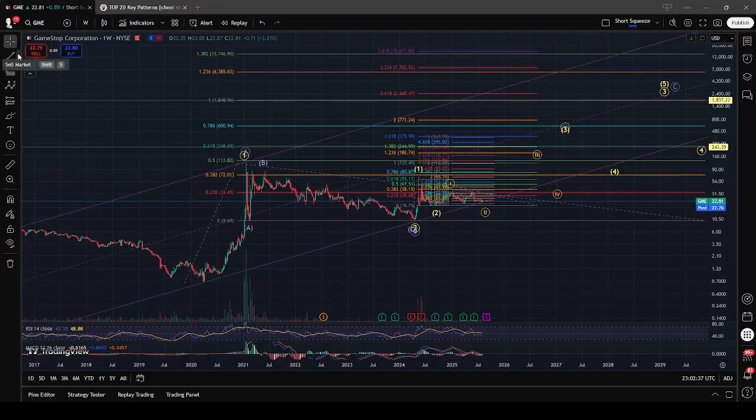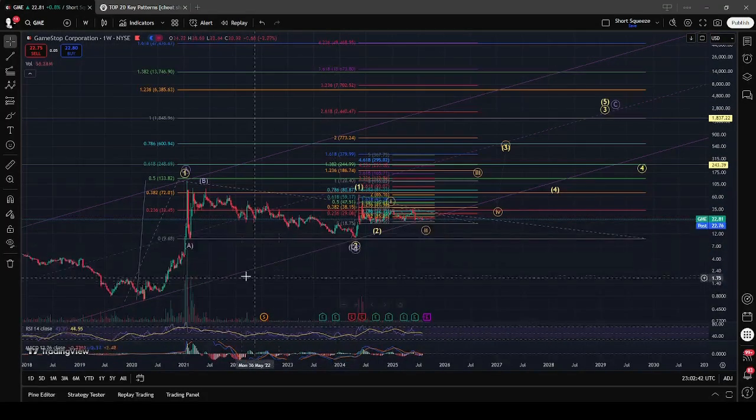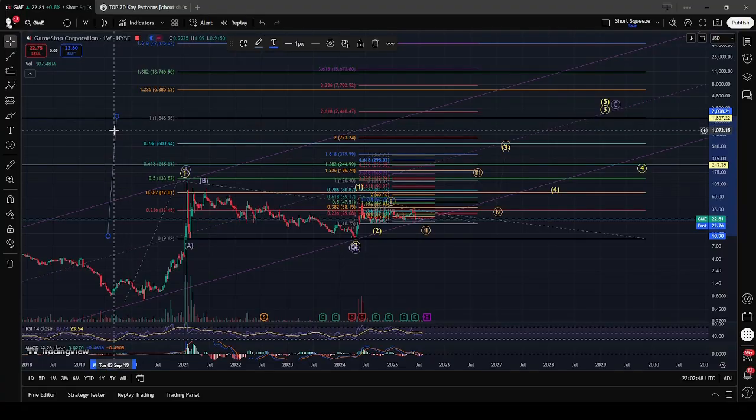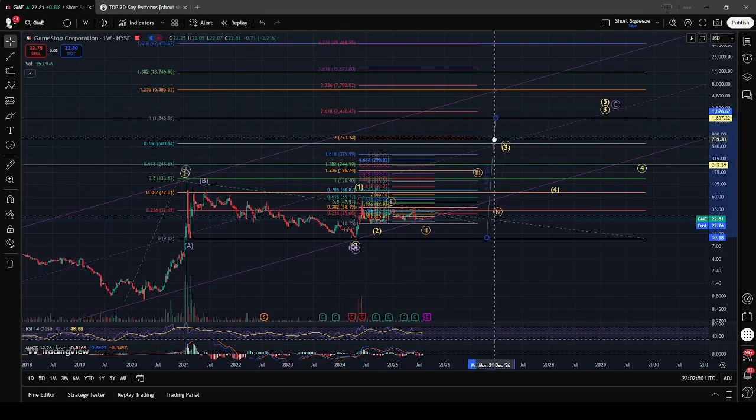So here, let me show you this. We have this here, and if it is a 1, I have it marked here, this is a 1. If it goes to here, it would come here. Now look what we have here.